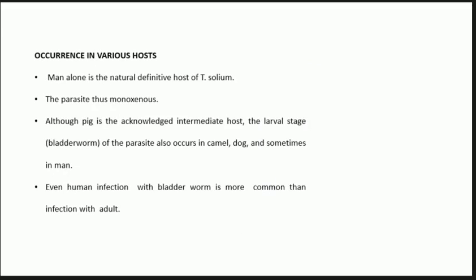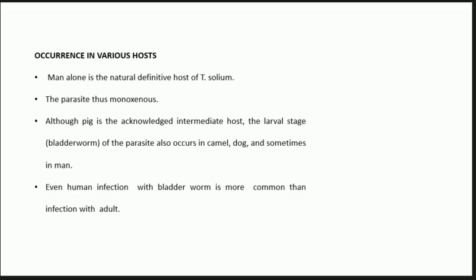Now where can you find these in various hosts? Man is the only natural definitive host of the Taenia solium, and the parasite is monoxenous, meaning you may not find this particular parasite in any other animal.